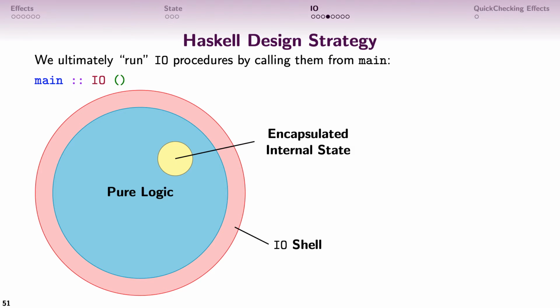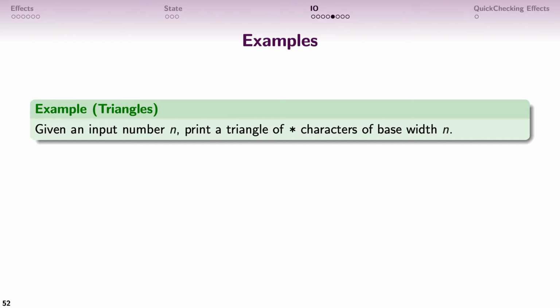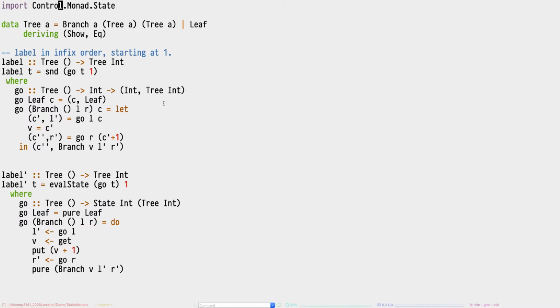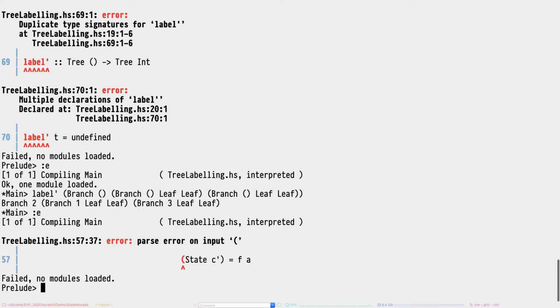Okay. So the first example, a pretty popular example these days: given an input number n, I want to print a triangle of star characters of base width n. Let's go to our terminal.